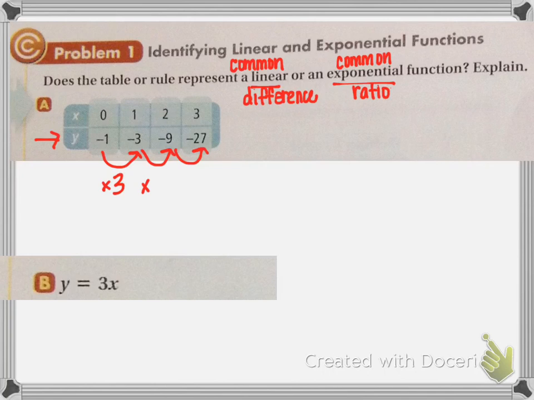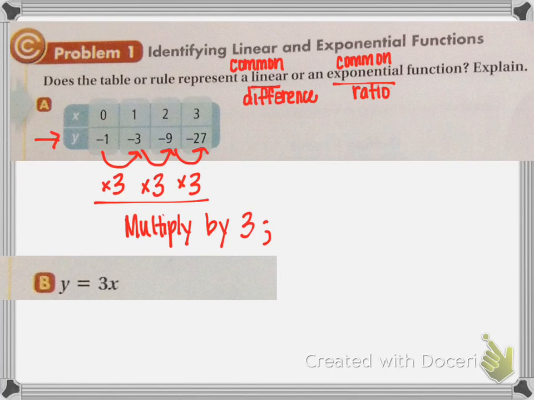Times 3, and then if I do that times 3, I get -9, and if I do -9 times 3, I get -27. So I'm multiplying by 3 every time. So you might want to write the words out. Multiply by 3. Common ratio is 3, play with the words. And so that means that it is an exponential.